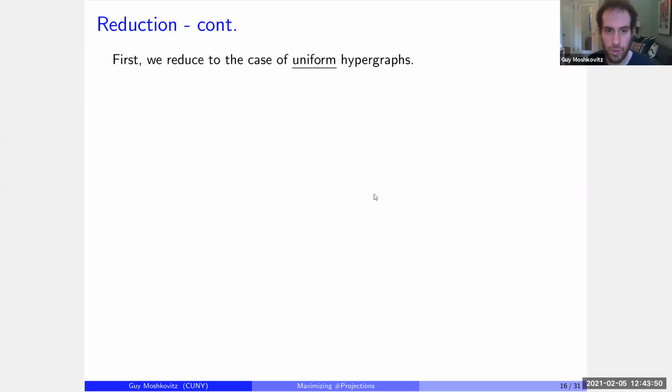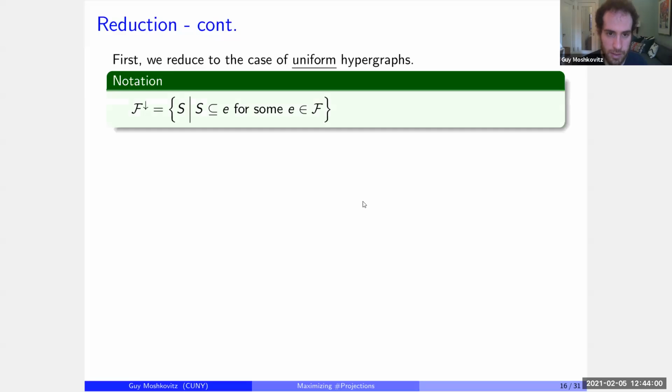Next, we're going to reduce to the case of a uniform hypergraph, right? There was nothing uniform about the hypergraph F. Different sets can have different sizes. So I will need two pieces of notation, that's all. Standard stuff.